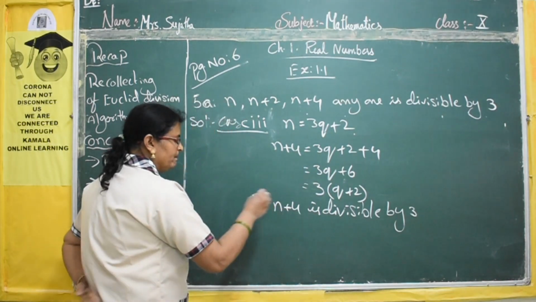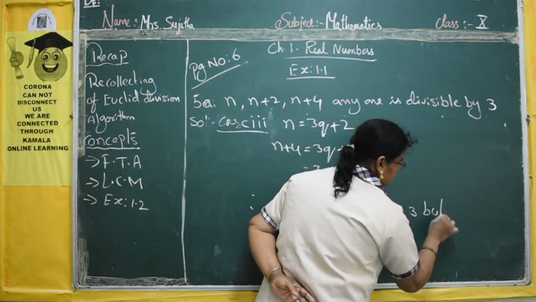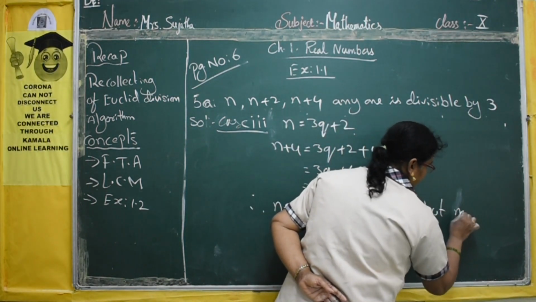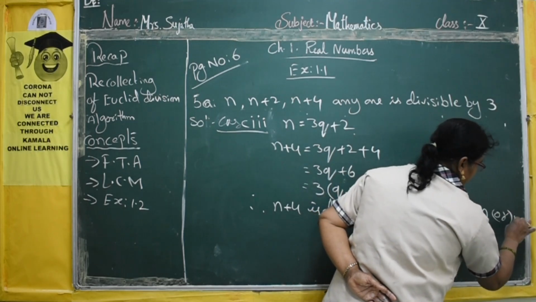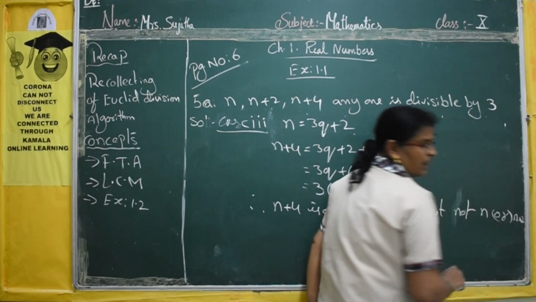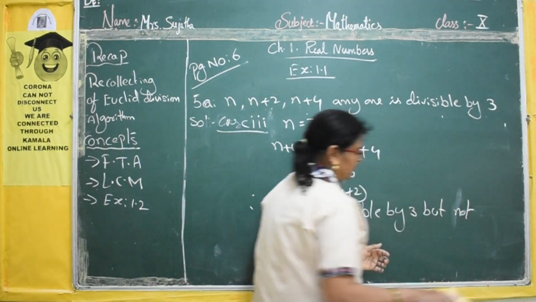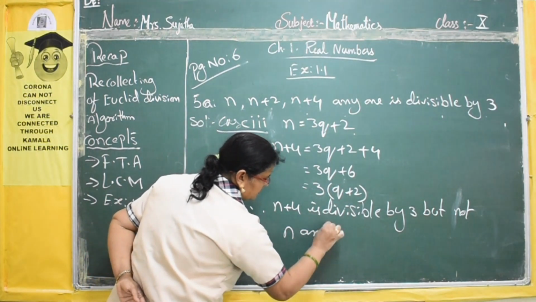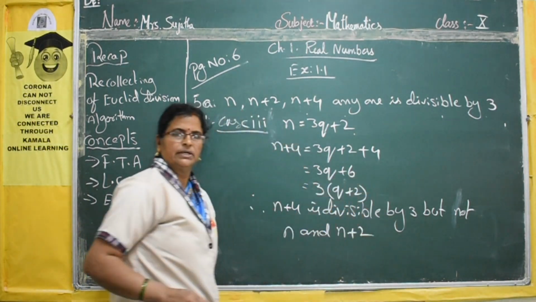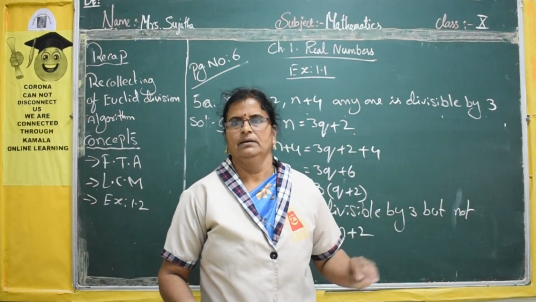So therefore n plus 4 is divisible by 3 but not n or n plus 2. Otherwise, if you have not seen properly, here I will write: but not n and n plus 2. Understood clearly? Now exercise 1.1 is completed.